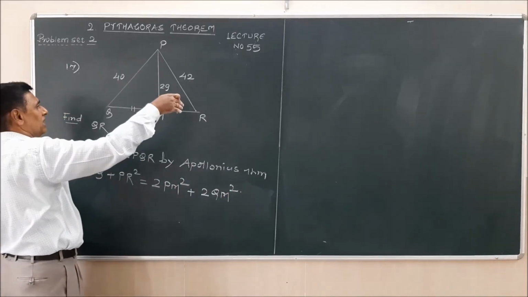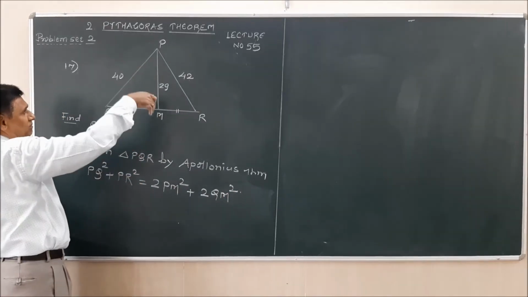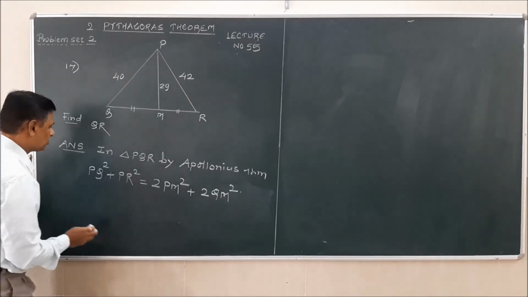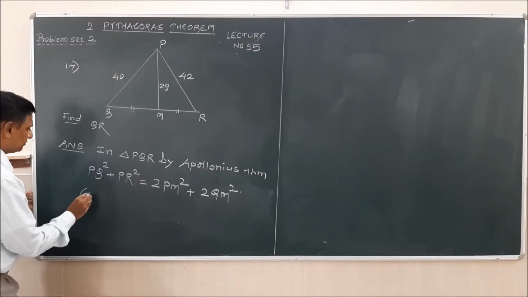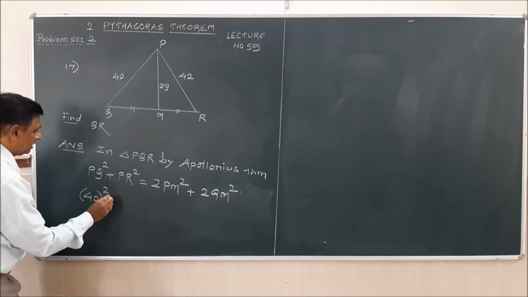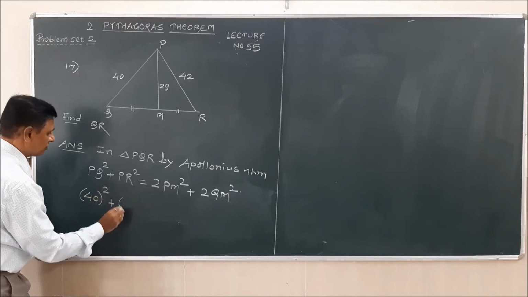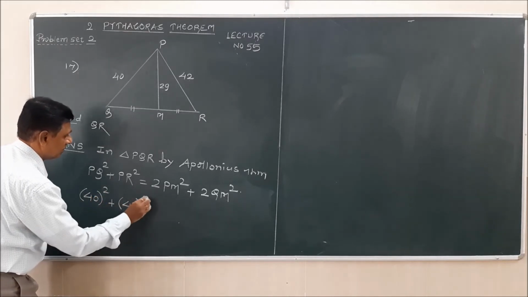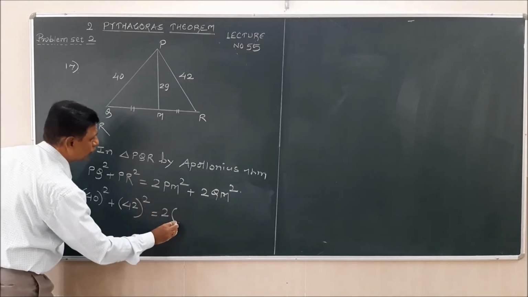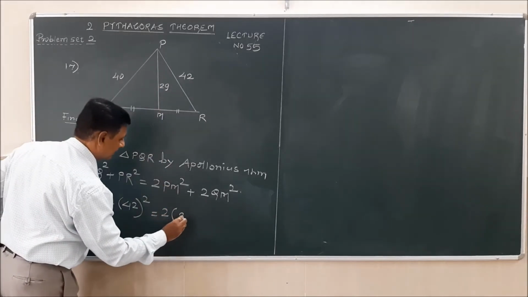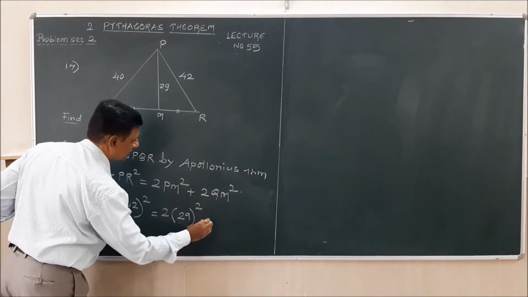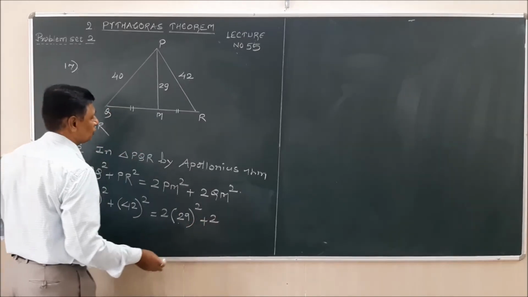PQ square plus PR square is equal to twice PM square plus twice QM square. PQ is 40 square plus 42 square, that is equal to 2 into 29 square plus 2 into QM square.